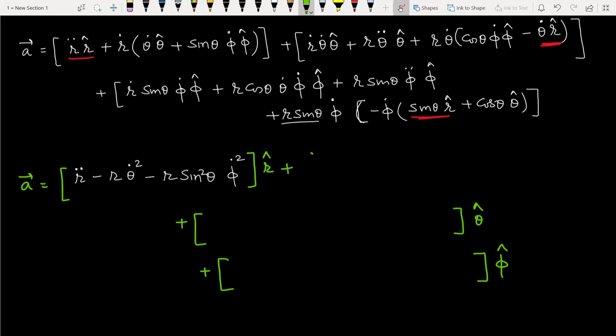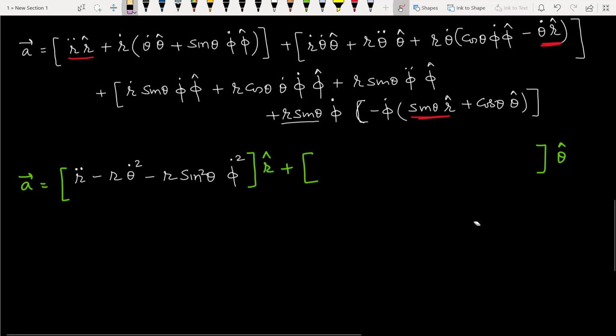So the second term we write here. We have a space, so we utilize this space as well. Next term is, we underline with the yellow color, r dot theta dot. Next is this one, r dot theta dot again.